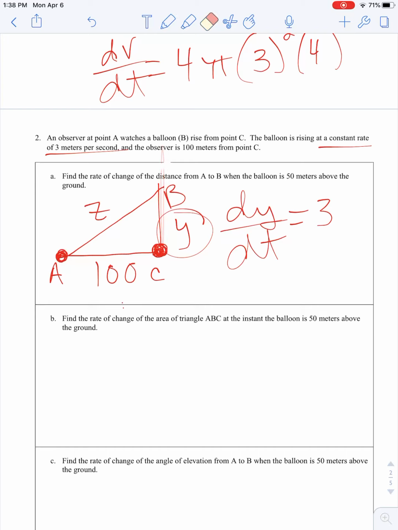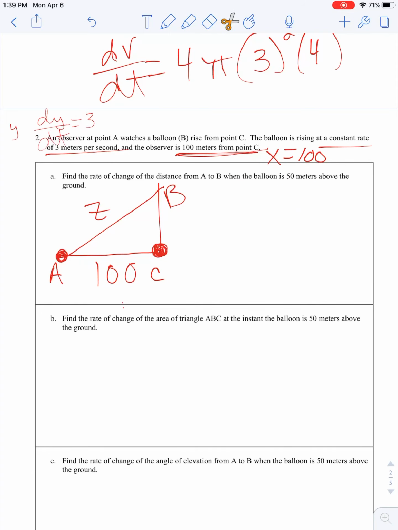So right now, I can use 100 as my x value all the time because it's not changing. This distance is changing. At some point, the balloon will be up here. Then the balloon will be up here. That's changing. Z is changing. Y is changing. Keep that in mind.